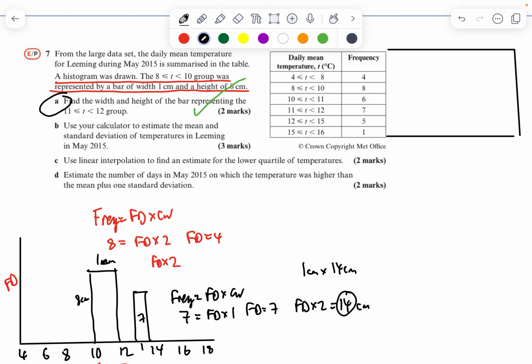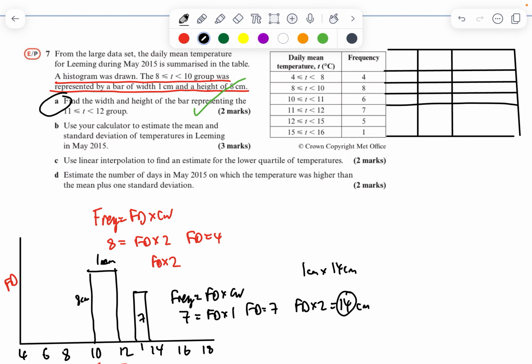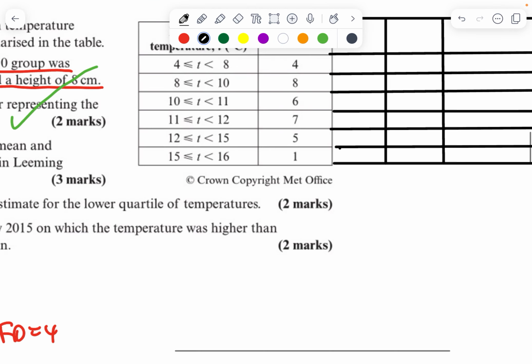Okay, so I'm going to need to include in this my midpoint, my fx, and then later on I'm going to need fx squared as well. I'll explain why in a second.